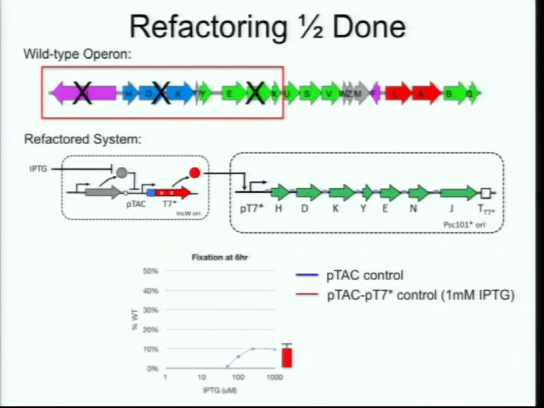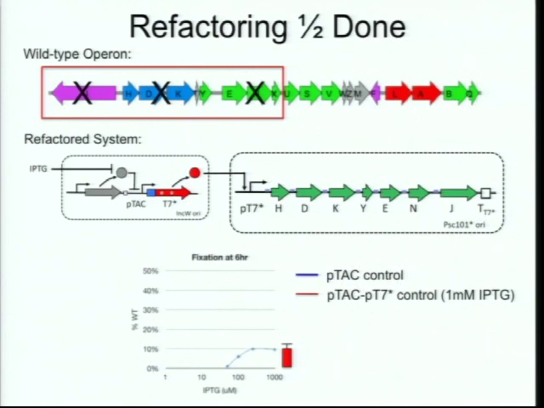And then once we had that, it became much easier then to combine these systems into circuits, into the full system. So this is actually where we are now, where we've completed the refactoring of half of this operon, or about 12,000 base pairs, where we have a completely single synthetic operon that has all of these components.